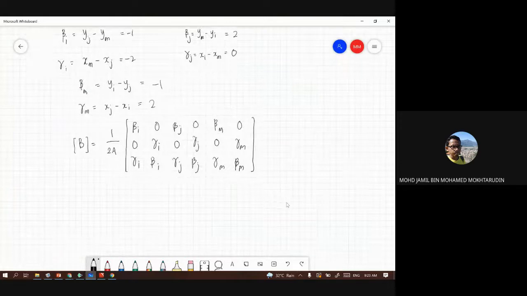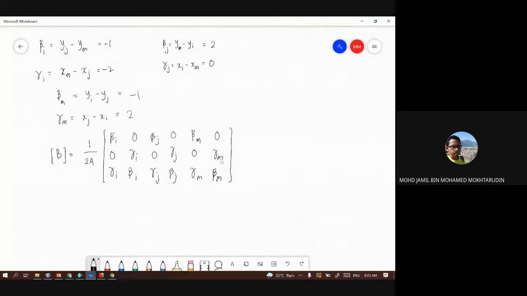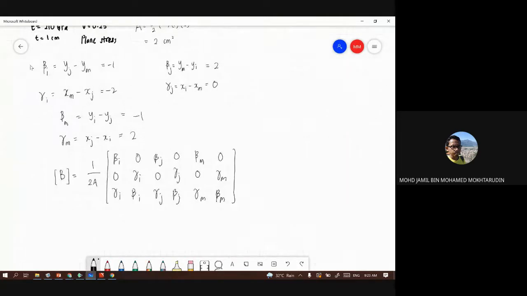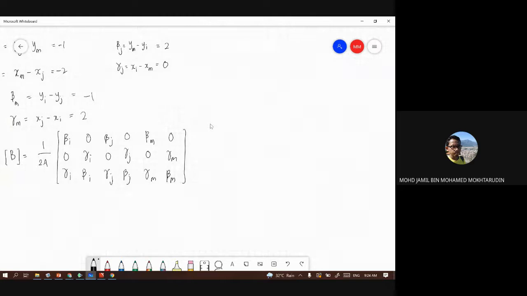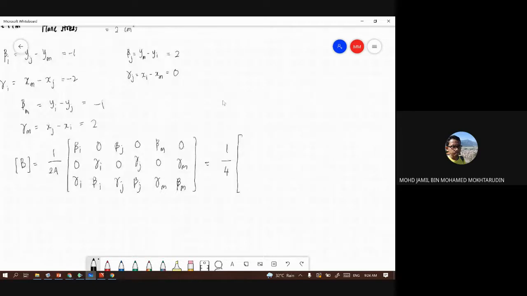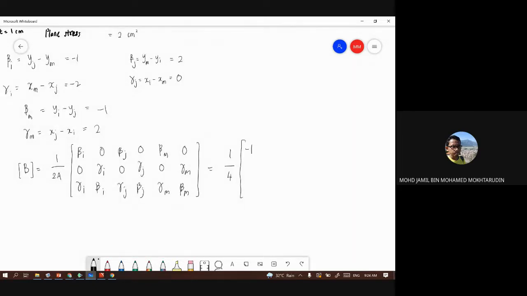Okay, so you substitute into the B matrix all of the beta and gamma. So 1 over 2A. So A is 2 cm. So you get 1 over 4 times minus 1, 0, minus 2, 0, minus 2, minus 1.